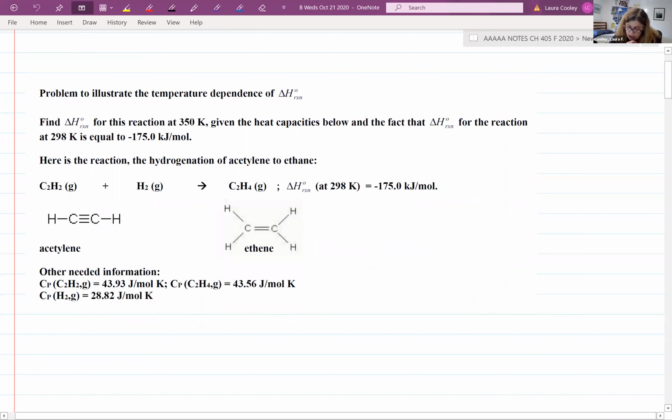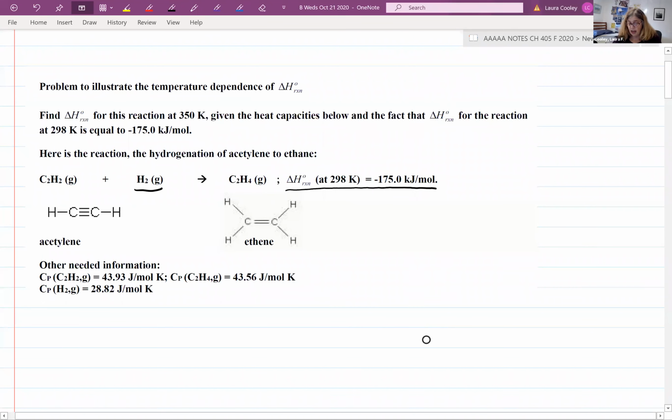So this is a problem to illustrate the temperature dependence of a heat of reaction. Here's the reaction. It's a familiar reaction: add H2 to acetylene to get ethylene, or ethene. And here's the delta H of this reaction at 298 Kelvin.